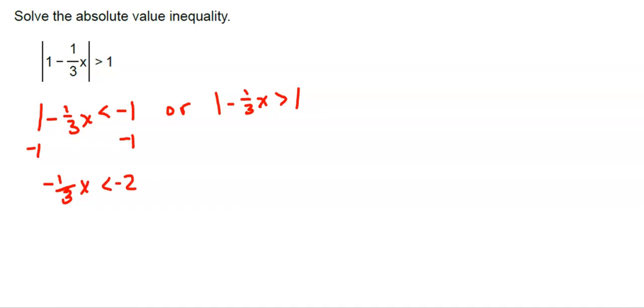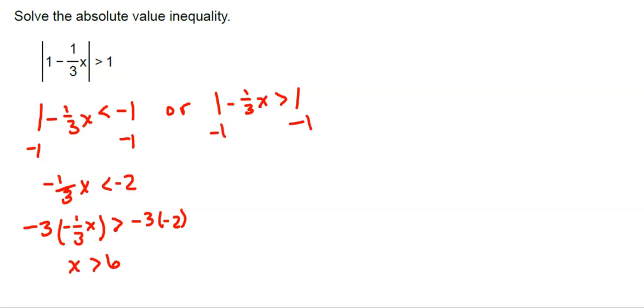And now we're going to multiply both sides of this inequality by a -3. Because we're multiplying by a negative number on both sides, we have to flip the inequality sign around to keep a true statement. So for this inequality, we have x is greater than 6. For the other one, we'll also start by subtracting 1 from both sides.